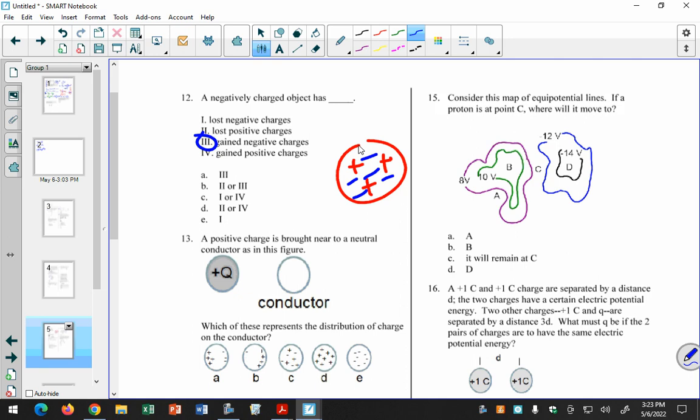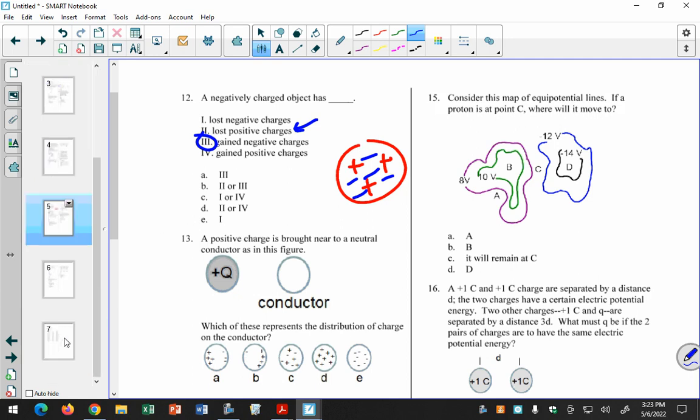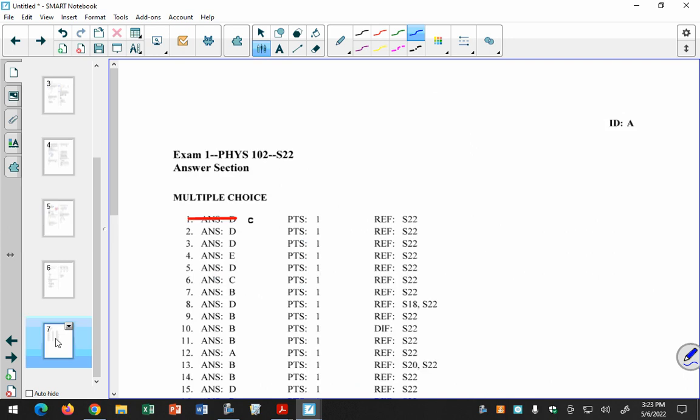That's not usually a thing, just because protons are tightly bound in the nucleus, but those conduction electrons are able to move around more readily. So that's typically the way that we get a negatively charged object, by gaining negative charges. I understand that if you lose positive charges, that also becomes negative, but that's not typically how it happens. So the answer to that is only 3. Yeah, it should have been 3, right? Number 12 is A.